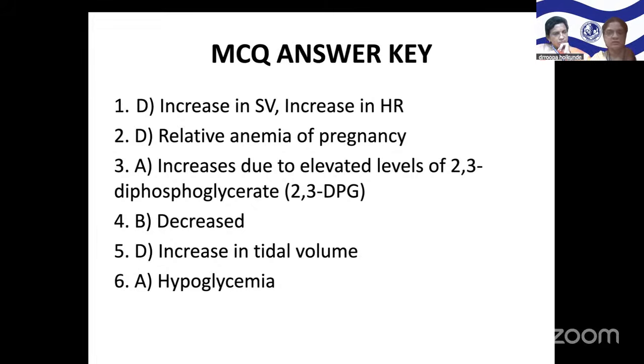MAC progressively decreases during pregnancy, and at term it is decreased as much as 40%. And coming over to the fifth question, the correct respiratory physiologic change associated with pregnancy is an increase in tidal volume. The rest are taken care of.